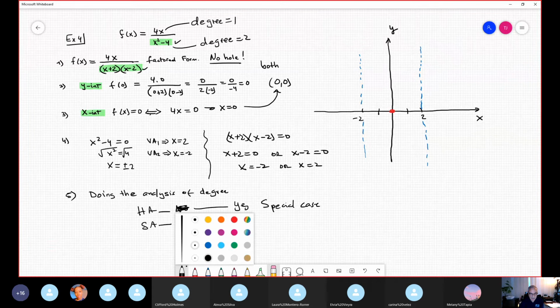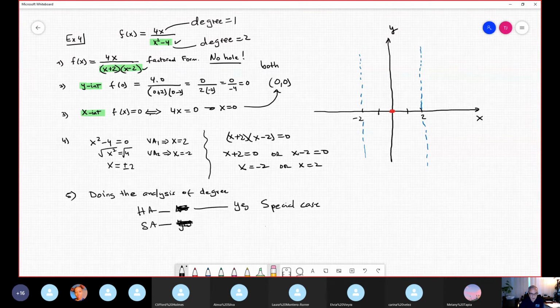I want to repeat again. I know maybe you don't memorize it right now, but you have to at some point. We have a horizontal asymptote in 2 cases. The regular one is when the degree is the same, which is not the case in this example.